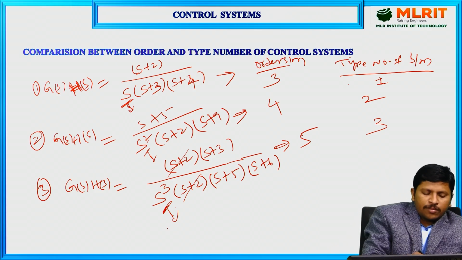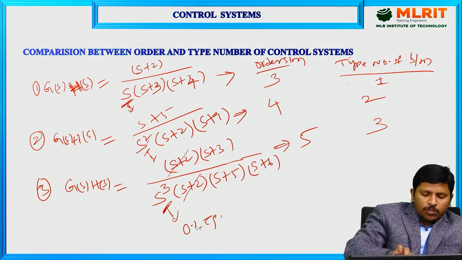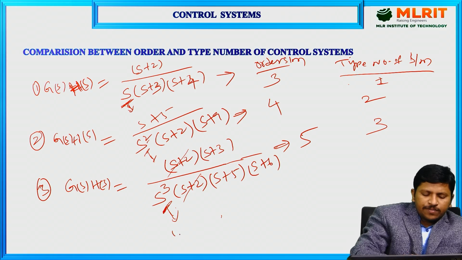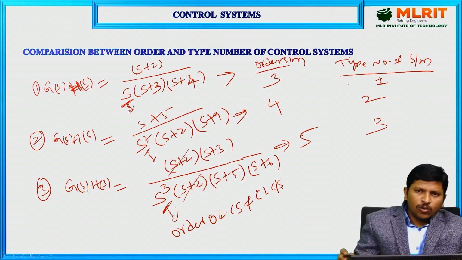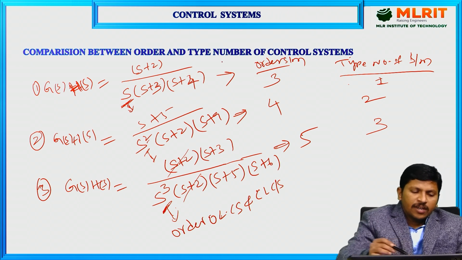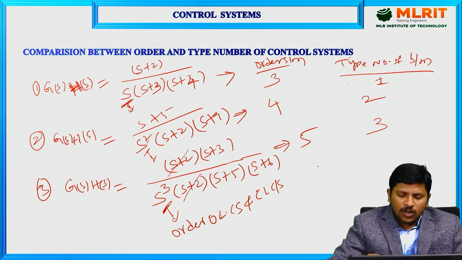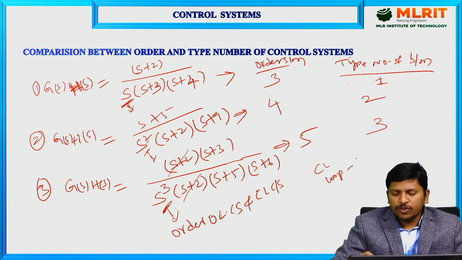Order can be determined by using the open loop control system as well as the closed loop control system. Here, type number is for the closed loop control system, that is the loop transfer function. We are just going to consider the loop transfer function only.